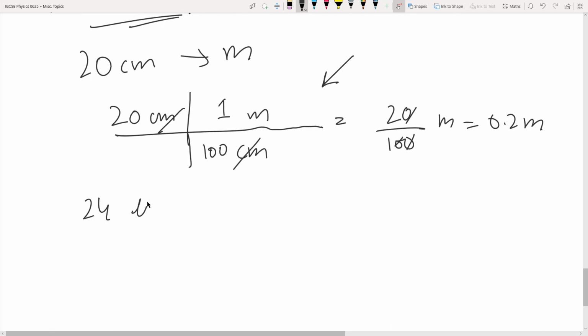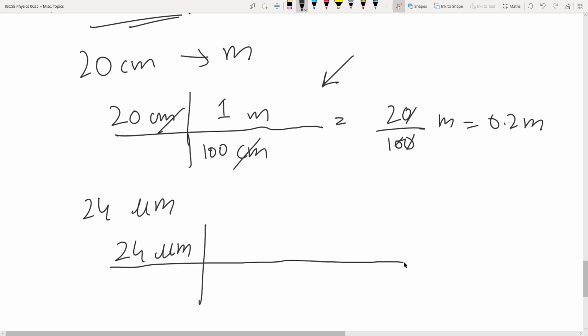Let's say we've got 24 micrometers, and I need to go from 24 micrometers to meters. Let's make a chart to reinforce the chart method. I do know 1 millimeter has 1000 micrometers. Remember, you have to cancel these, so you will automatically put the same units in the opposite location.